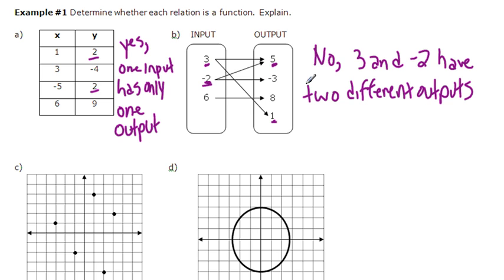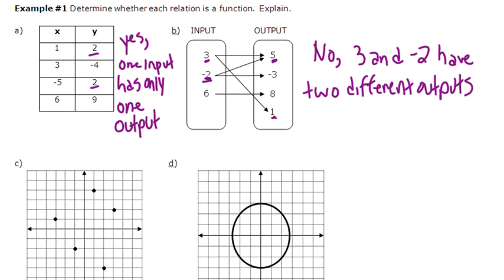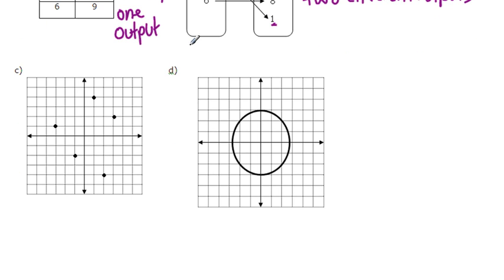Now, if we look at C and D, the graphs, instead of just looking at each ordered pair, which I could do, we can do something called the vertical line test. So if I draw a vertical line through each one of these points, if it intersects anything more than once, it's not a function. So this line only intersected this point once.